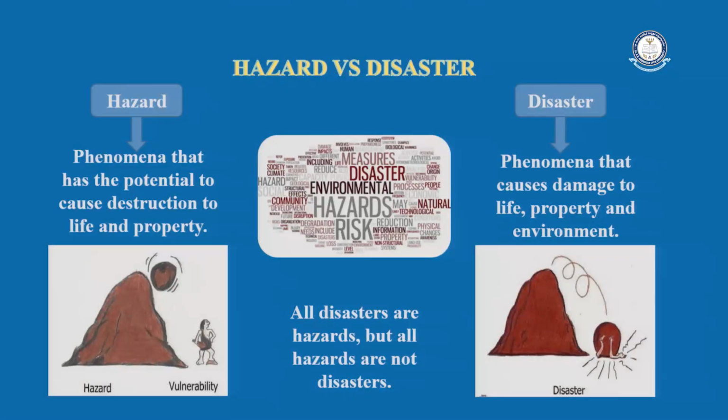For example, in our village, heavy rainfall has come and there is damage to property, but no human component is involved, that means there is no damage to life. So that will become a hazard. When there is a death of humans in that particular natural hazard, then that will become the disaster.